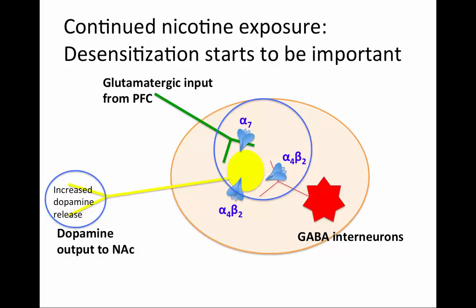During continued nicotine administration, the receptors begin to desensitize due to prolonged agonist presence. The alpha-4 beta-2 nicotinic receptors in this system desensitize more quickly than the alpha-7 nicotinic receptors. This will change the balance of neuromodulation on the dopamine neuron.